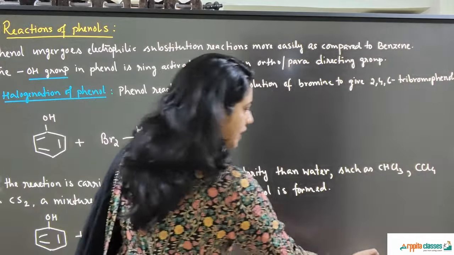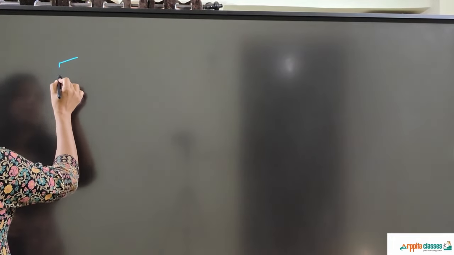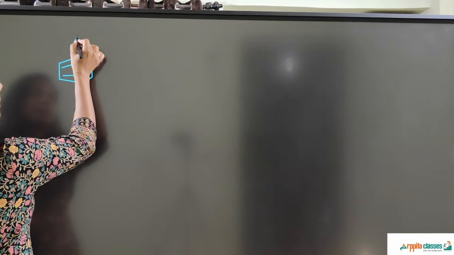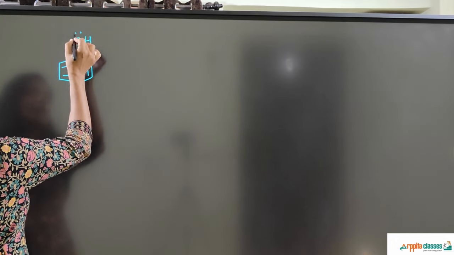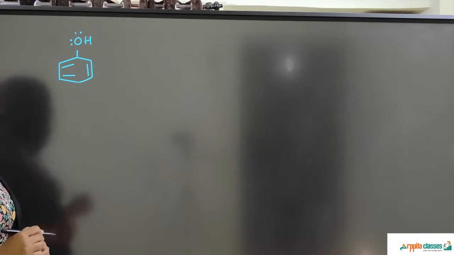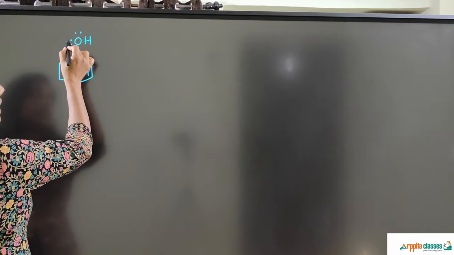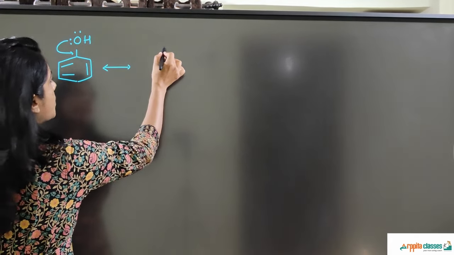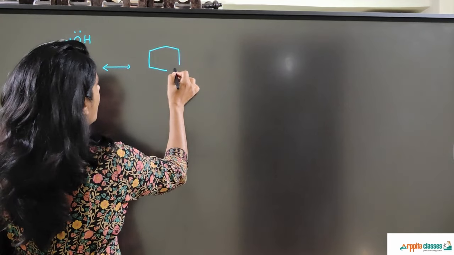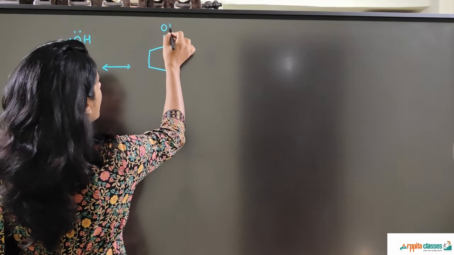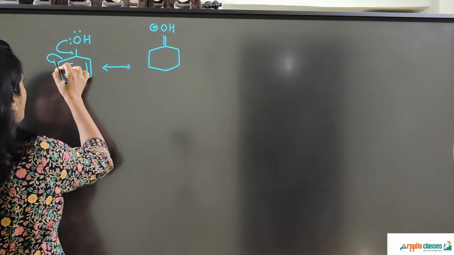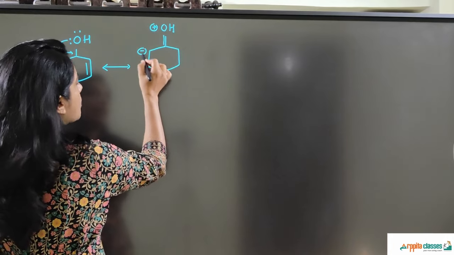Let me show you one thing over here. This is my phenol, where OH is attached to the benzene ring, and the oxygen has a lone pair of electrons, and these electrons are pushed inside the ring. So we have resonating structures over here. You get oxygen as positive, and this pi bond is broken, so you get a negative charge over here.